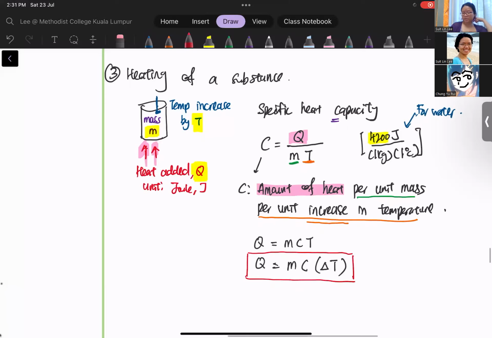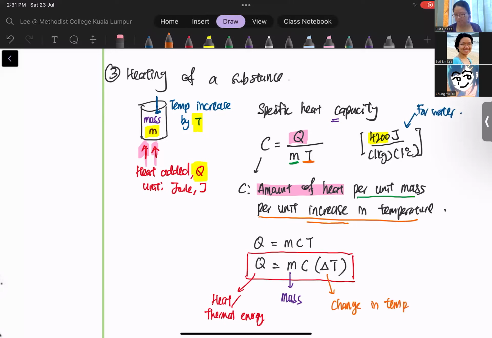Okay. So in other words, now what we have is heat or thermal energy. I want to use this equation. This is the mass of the substance, and this T would be your change in temperature. Of course, the reverse process can happen. You can remove heat, but we're going to use the same calculation.